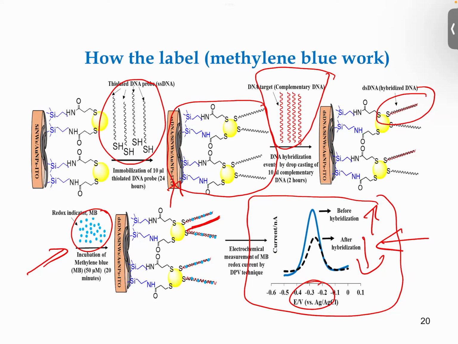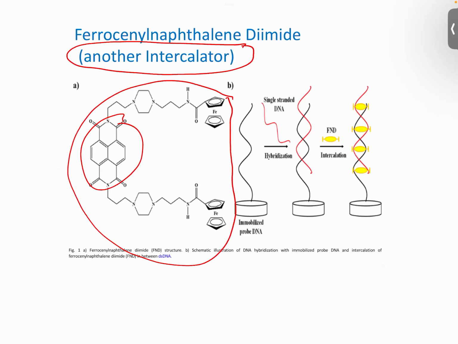If you don't understand, it's okay. But the more complicated the intercalator, you can see that the structure is more complicated compared to methylene blue, the more selective it is. We want the intercalator only to intercalate inside the double strand. We do not want it to interact with the single strand, but it happens.